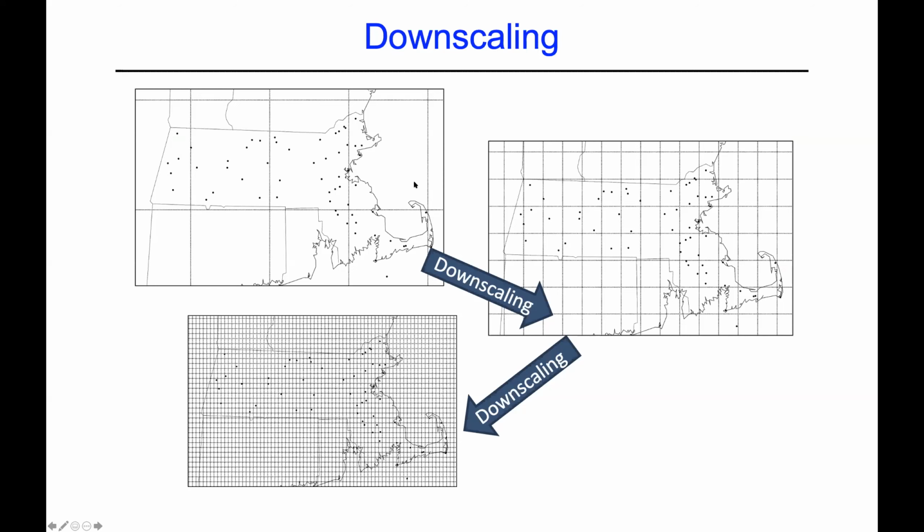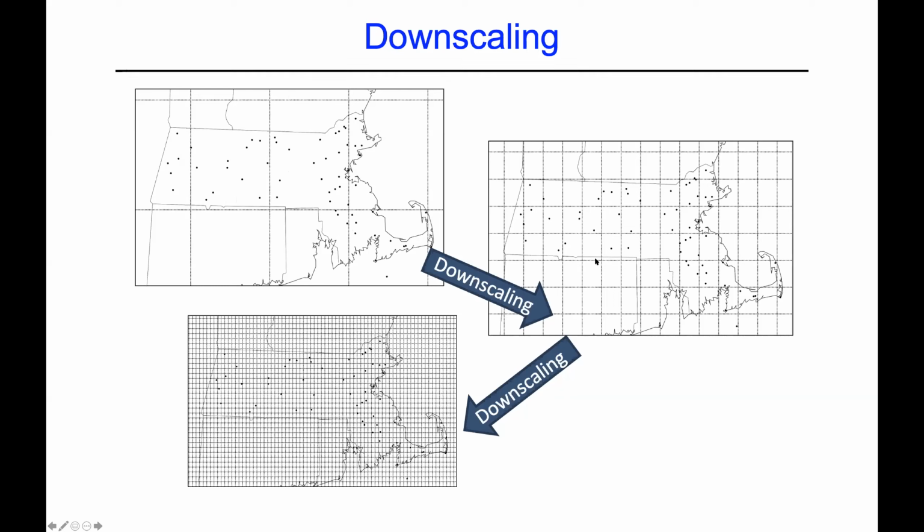On average, they're working on the type of resolution you see up here in the upper left, superimposed on the state of Massachusetts. You have large 1 degree by 1 degree grid boxes, and the dots in this case are the available long-term precipitation record stations in Massachusetts.